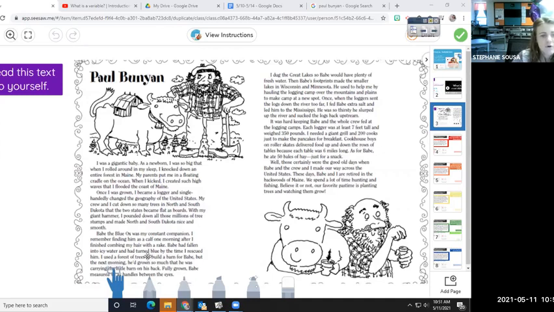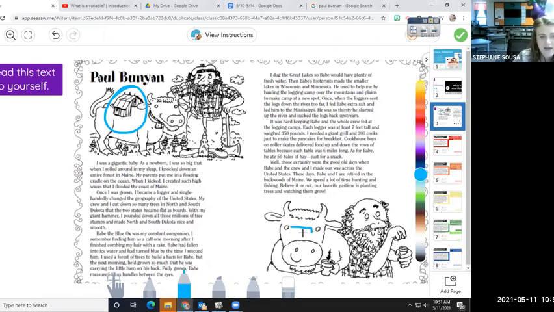I used a forest of trees to build a barn for Babe, but the next morning he'd grown so much that he was carrying the barn on his back. Fully grown, Babe measured 42 axe handles between the eyes. That's not true either. I dug the Great Lakes so Babe would have plenty of fresh water. Then Babe's footprints made the smaller lakes in Wisconsin and Minnesota.